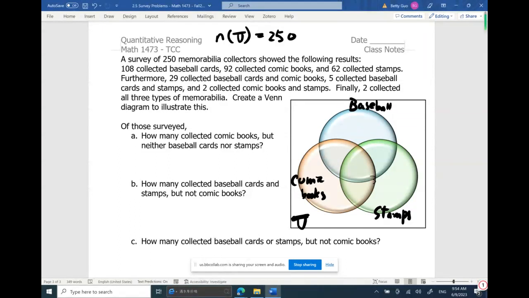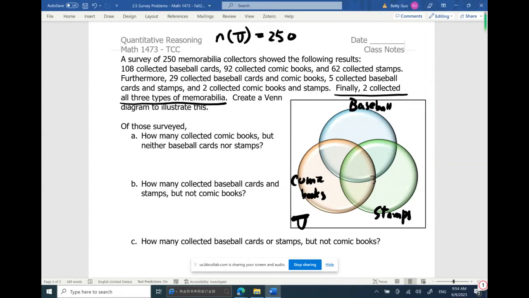And then let's see if we can go backwards. 2 collected all 3 types of memorabilia. The subjects, participants in this survey, are collectors.